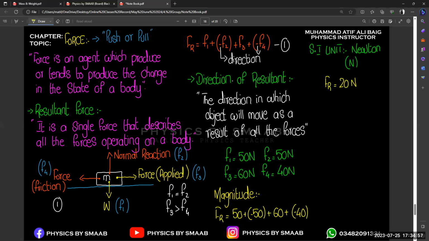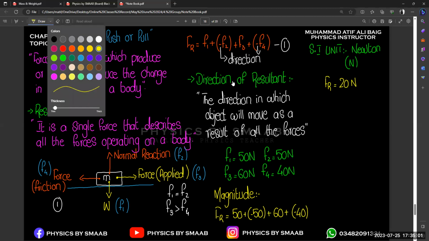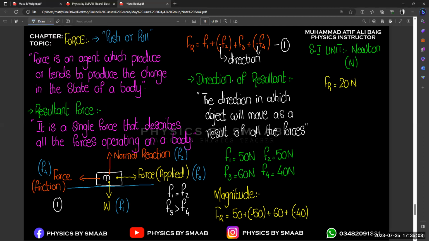Now you need to find the direction also. One thing you observe is that one force is greater than the other; the rest of the forces are equal, and 60 Newton is greater than F4. So the object will move in the direction of 60 Newton.